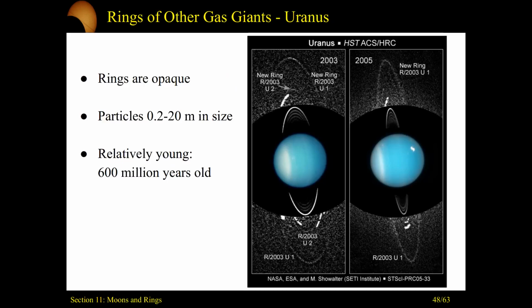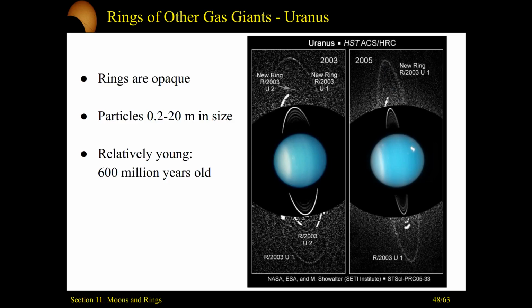Uranus's rings are very opaque and difficult to see. In these images up here, on these outer edges, you're seeing a lot of just scattered noise in your camera, very difficult, but you do get to see the ring around Uranus. Here it is in better view, taken from another image 2 years later. So the things that we notice about the rings of Uranus is that the particles are tiny.